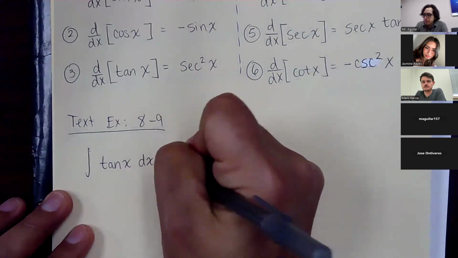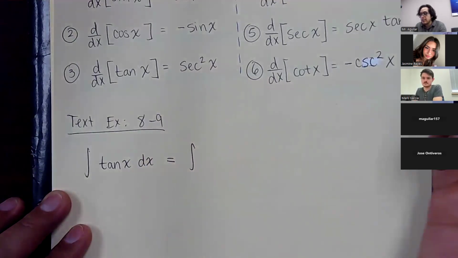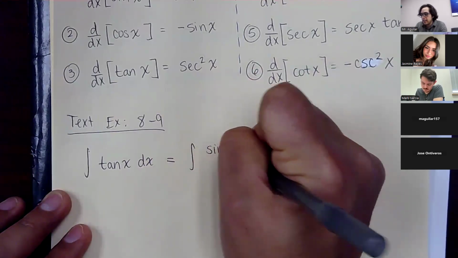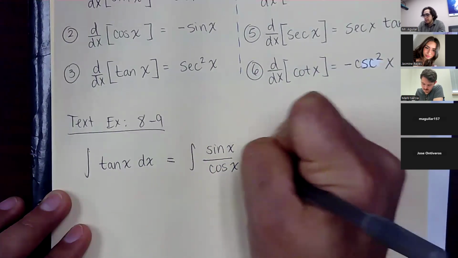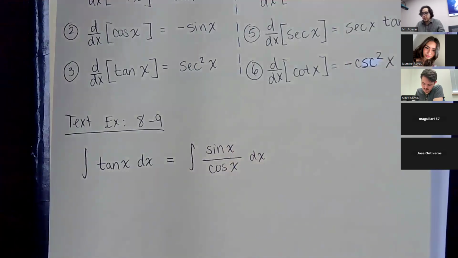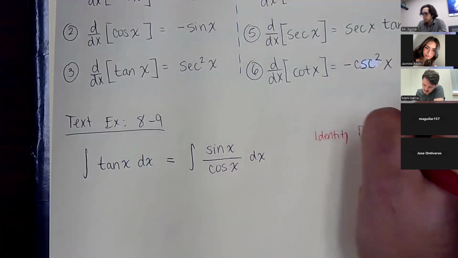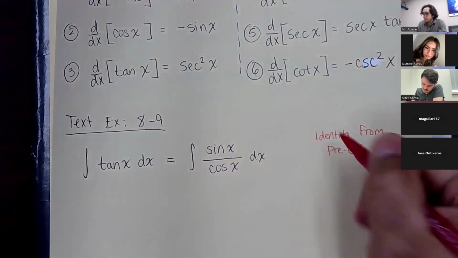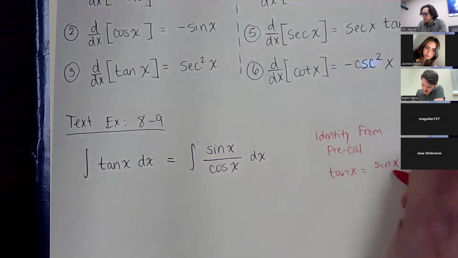So instead, what we're going to do is rewrite that tangent using an identity, right? Tangent is equal to what? It's sine x over cosine x dx. So just remember that identity from pre-cal, that tangent x is equal to sine x over cosine x.